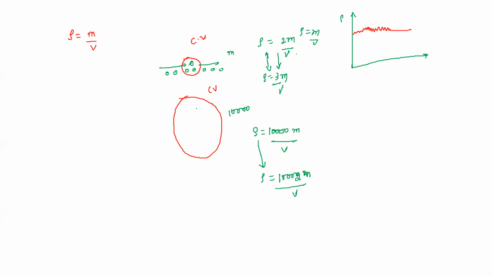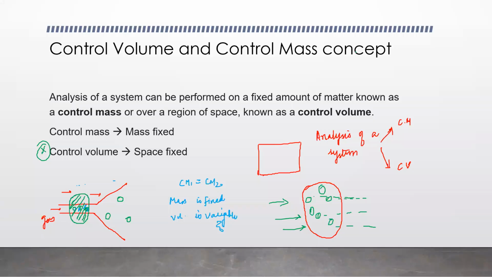But if it's a steady state flow where molecules are constantly coming in and going out without getting accumulated inside, then you'll not find too much difference in the property. So the fluctuation that was coming because of a small control volume goes off. That's the control volume and control mass approach.